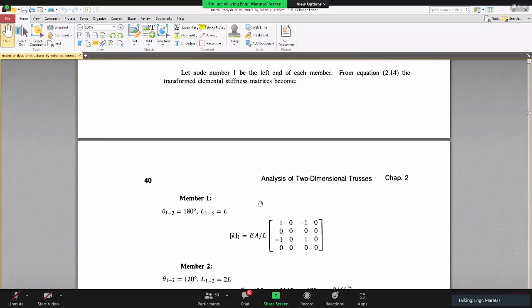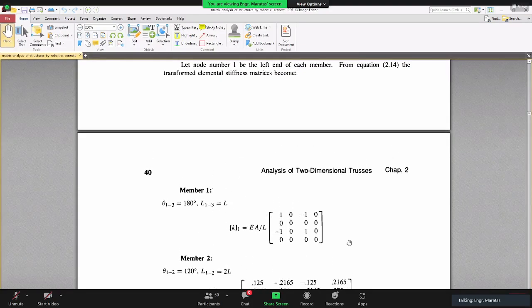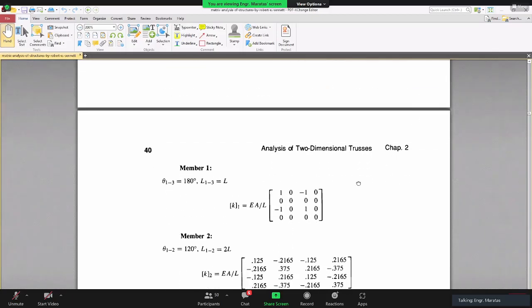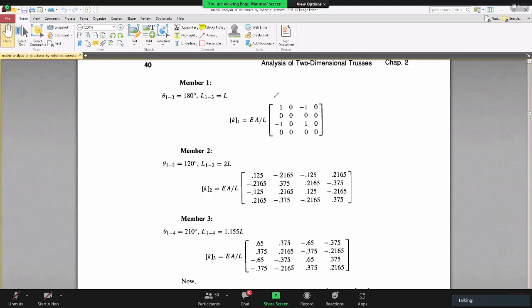This is just to discuss the process. So this is now our elemental stiffness matrix for member 1.